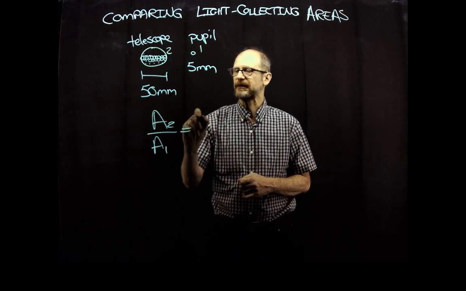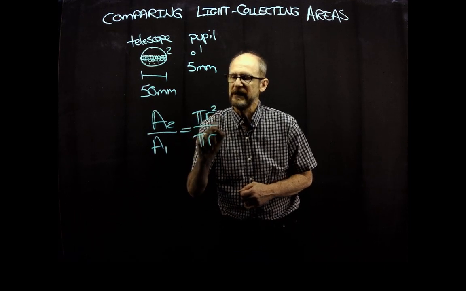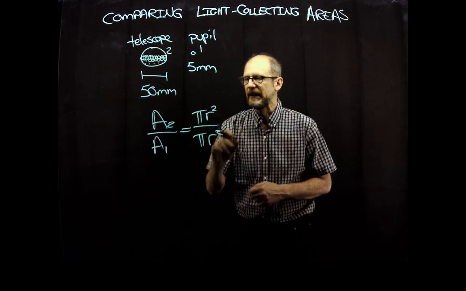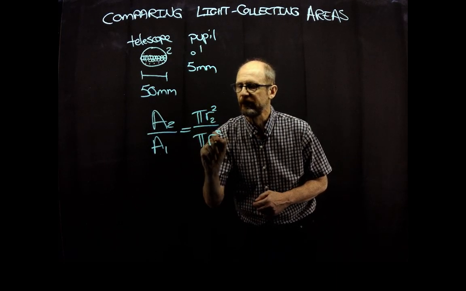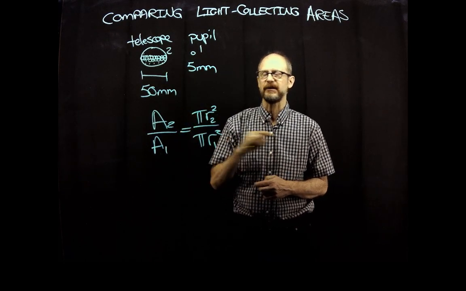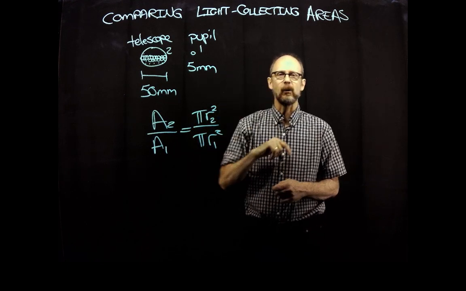Now the area of a circle is pi r squared. And so this ratio is pi r squared over pi r squared, but these are different radii. So I'm going to use subscripts here, r2 and r1, to refer to the radii of circle 2 and circle 1. So we've got pi r2 squared over pi r1 squared.